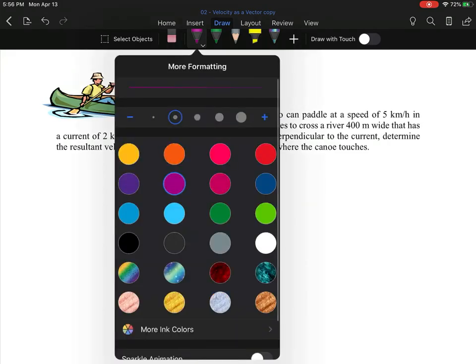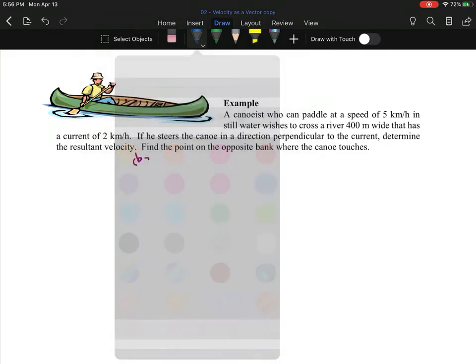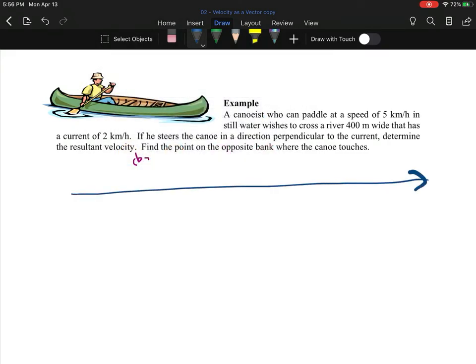For now, part A. So what he's doing is his velocity, he's trying to go straight across the river like this. That's him paddling across the river at 5 kilometers per hour. But meanwhile, the current is trying to pull him down this way at 2 kilometers per hour.